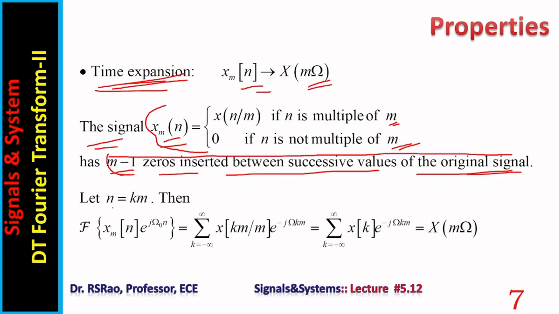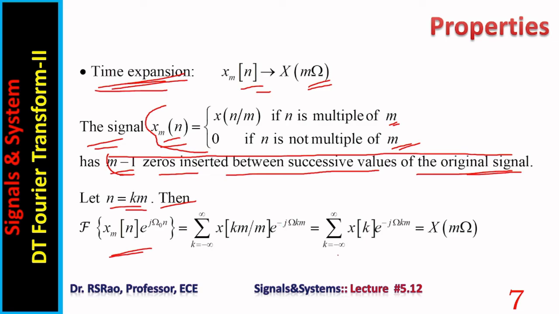Let n equal to km, then the Fourier transform of x m of n. Its DTFT is sigma k equal to minus infinity to plus infinity x of km by m multiplied by e power minus j omega km.